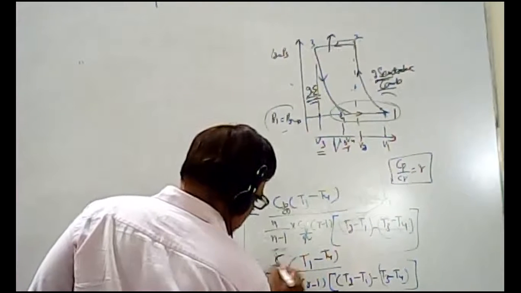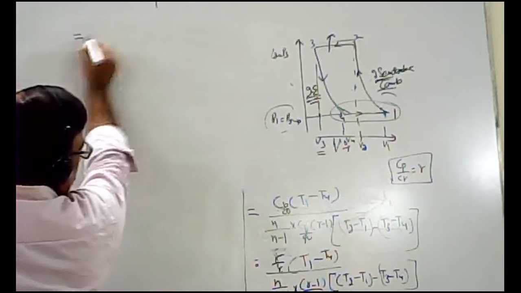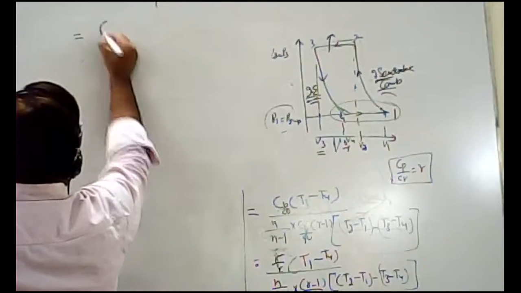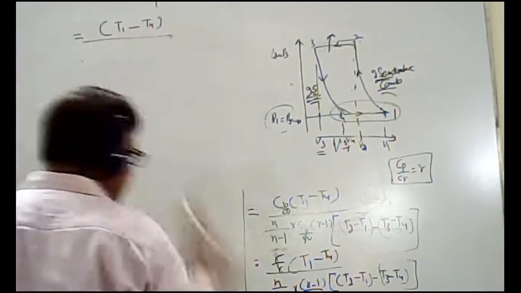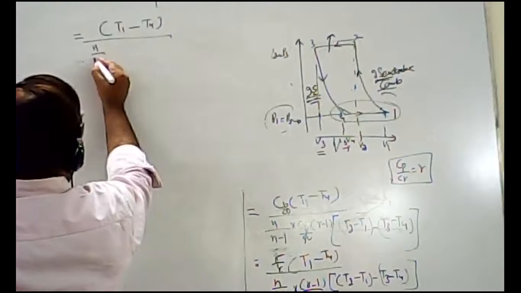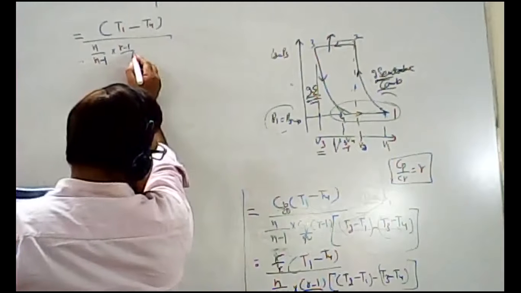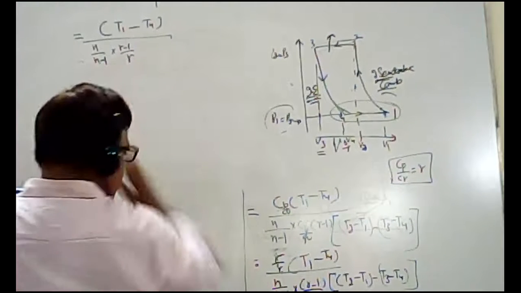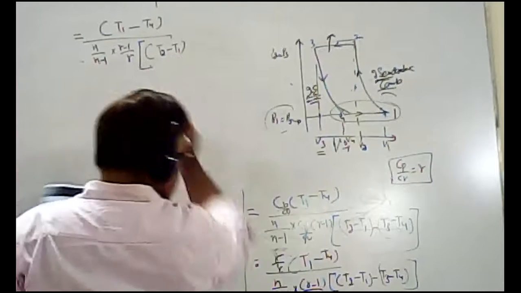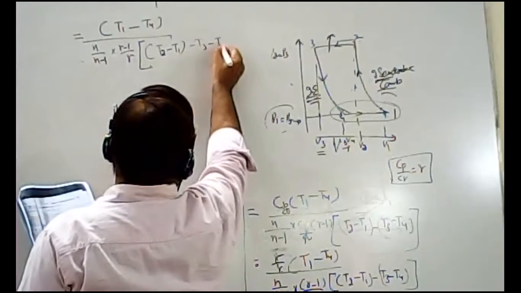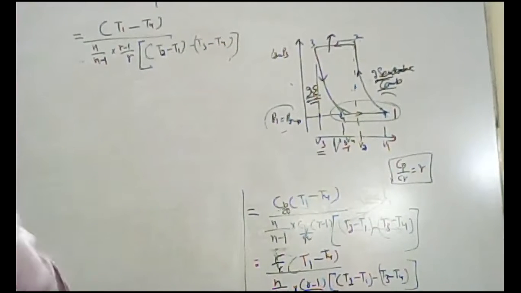If I divide this equation by gamma and this also by gamma, then this equation will be equal to T1 minus T4 divided by, look here, n divided by n minus 1 into gamma minus 1 divided by gamma, in bracket T2 minus T1 minus T3 minus T4. So this will be the final value of this equation.